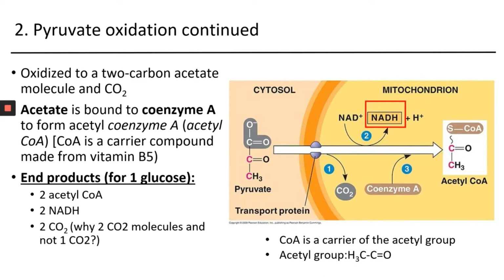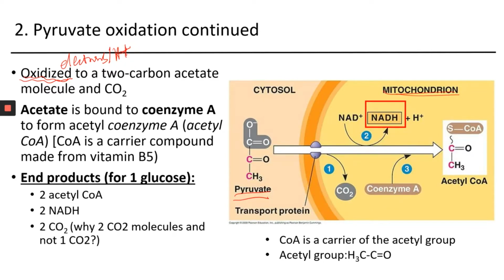Okay, now let's look at pyruvate oxidation. So we mentioned that the pyruvate will be transported from the cytoplasm into mitochondria. And what's going to happen next? It's going to be oxidized. So if it's oxidized, that means it loses electrons and hydrogen atoms, right?